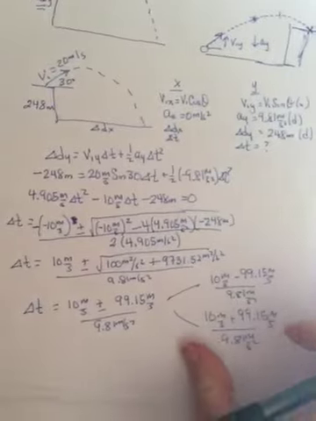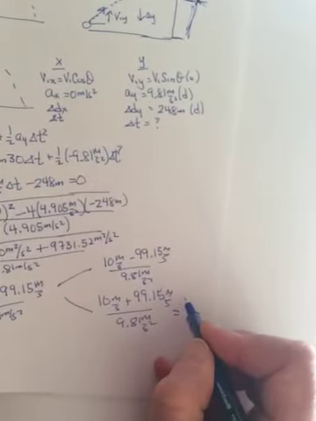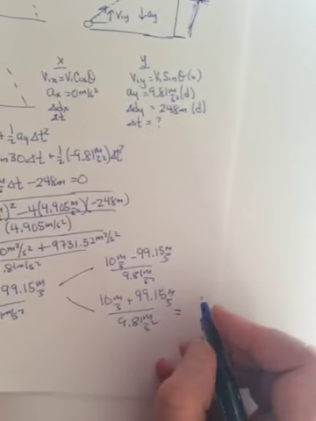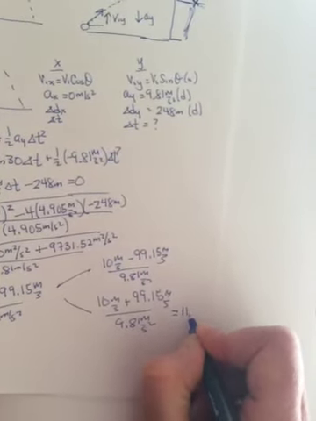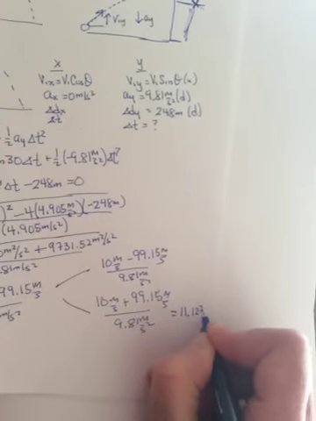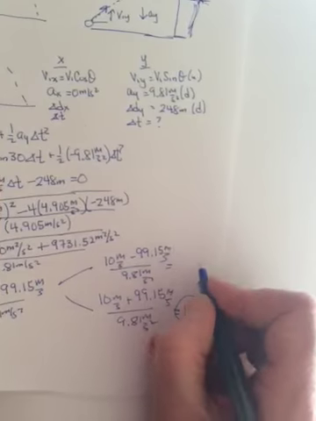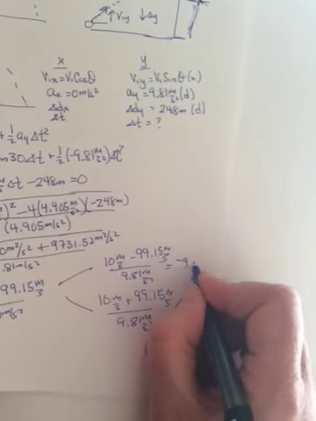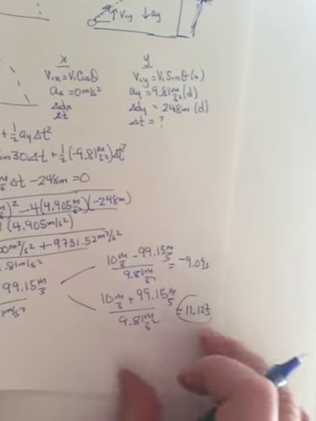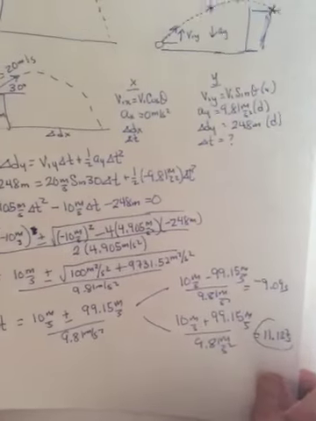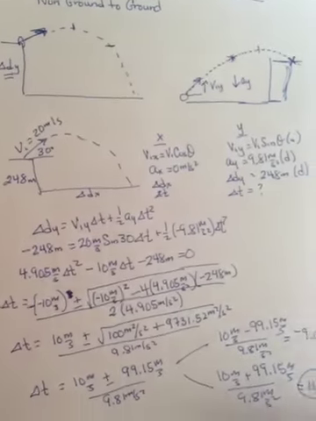Obviously, in this case, the top one is going to give us a negative, so we know it has to be the bottom one. 109 divided by 9.81, and that gives us positive 11.127 seconds. If you had done this one, it would be 89, and you get something like negative 9.09 seconds, and clearly it can't be.